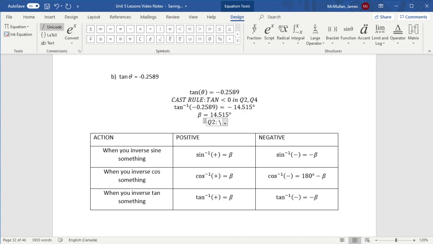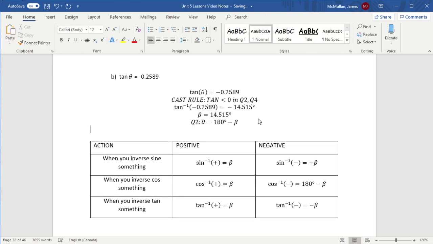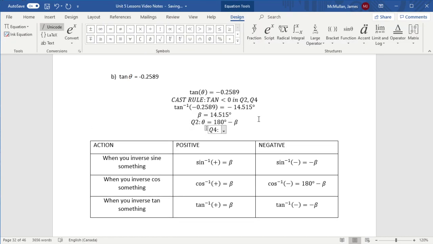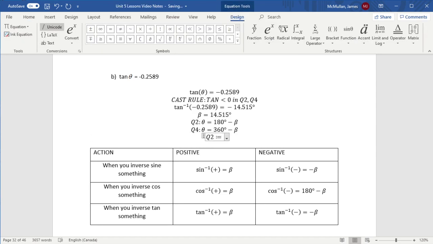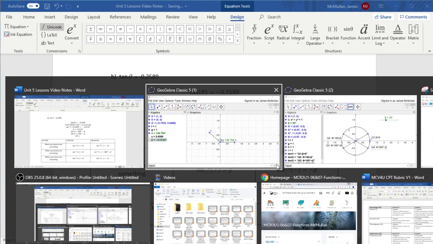There's a quadrant 2 answer, in which theta is equal to 180 degrees minus beta. There is also a quadrant 4 answer, in which theta is equal to 360 degrees minus beta. So my quadrant 2 answer is just going to be 180 minus 14.515.